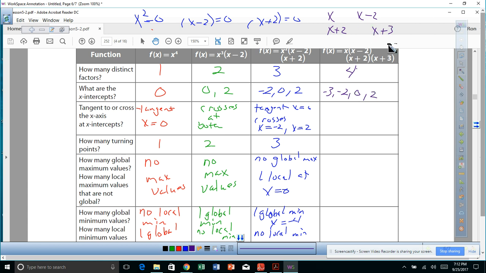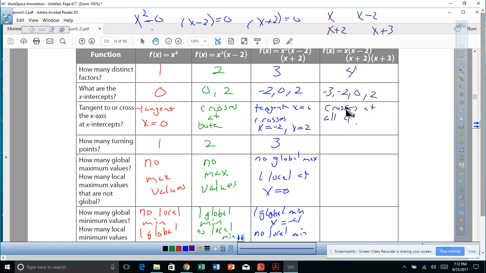And if you set each of those equal to 0 and solve for x, you'll get them. All right. Tangent to or across the x. None of these have a square, so they will cross. Crosses at all 4 points.